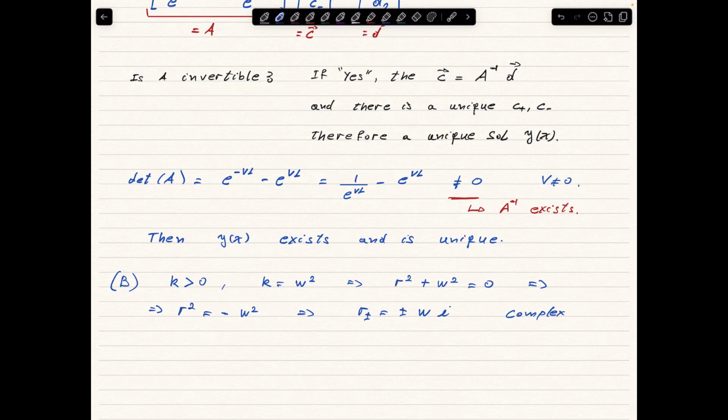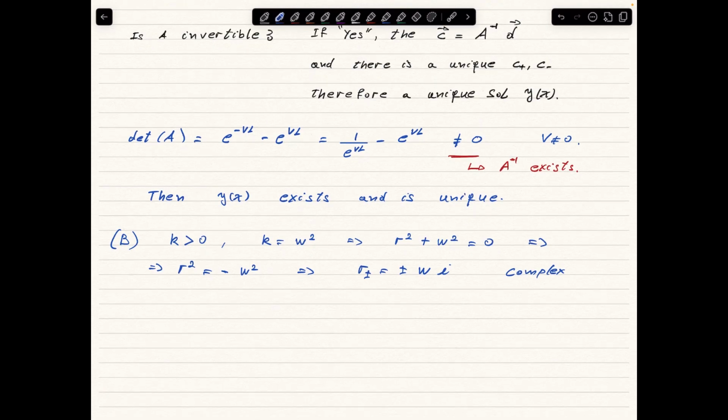Okay, complex roots. So what is the general solution in this case? Well, the general solution of the differential equation is y of x, as you should know, c1 cosine of omega x, recall x is our variable now, plus c2 sine of omega x.